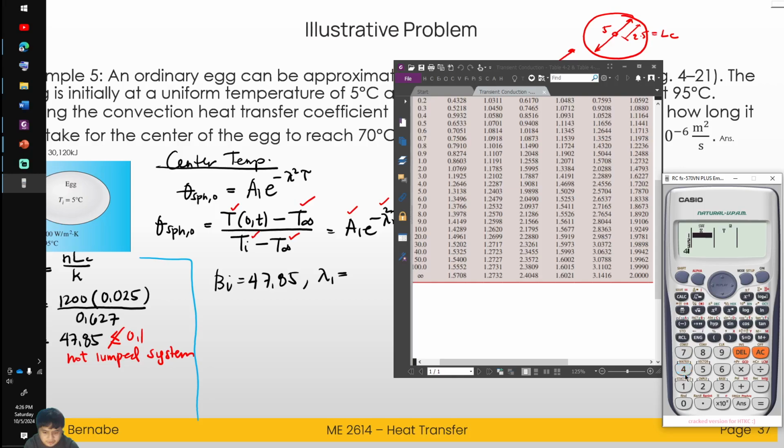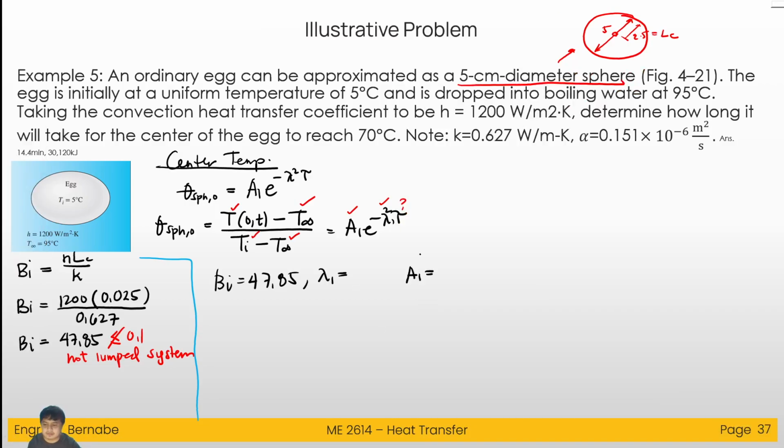For 40 and 50, you have 3.0632 and 3.0780. For 47.85, you get 3.075.